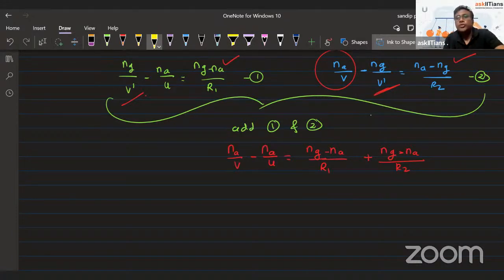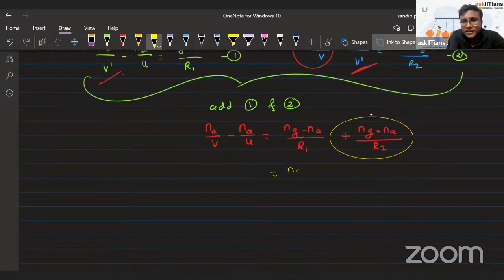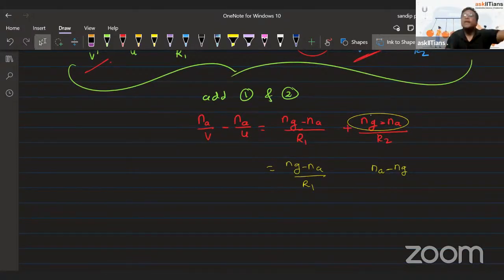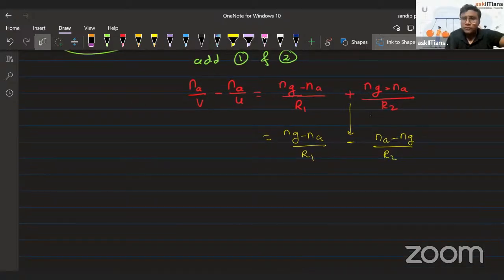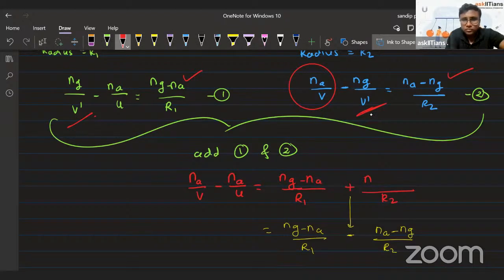So here I'm going to do a small modification in this term. This is Ng minus Na upon R1, and instead of calling this Ng minus Na, I will say Na minus Ng. So I just have to adjust that one small term, so that this term will become negative. So divided by R2. Something is wrong. This was initially Na minus Ng, right?